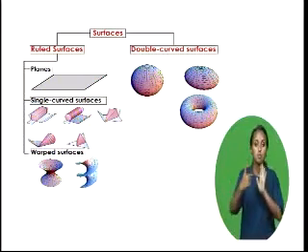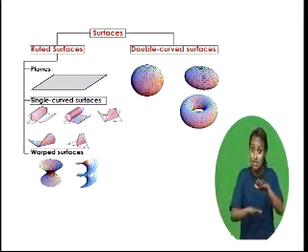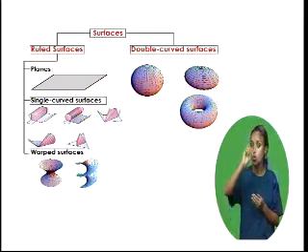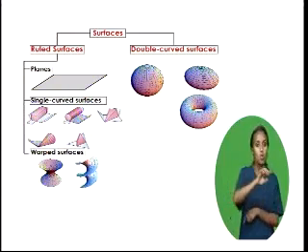Well, students, I hope you've gained a lot of concepts from today's lesson. Before we come to the end of this program, let's summarize the main points. A surface is a two-dimensional geometric figure which may be generated by a motion of either a straight or curved line.